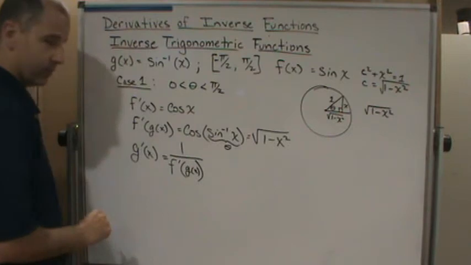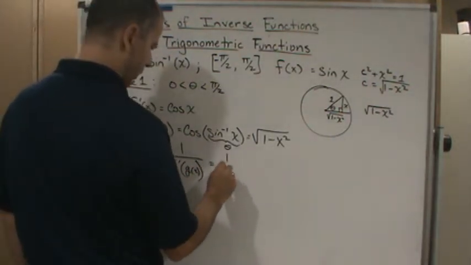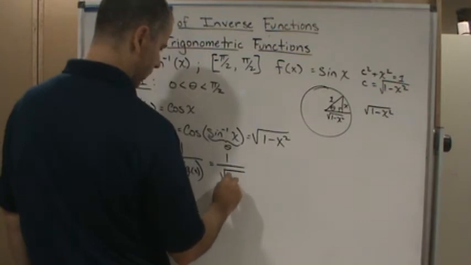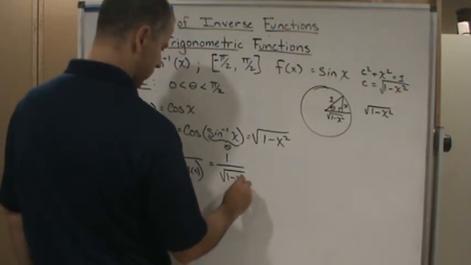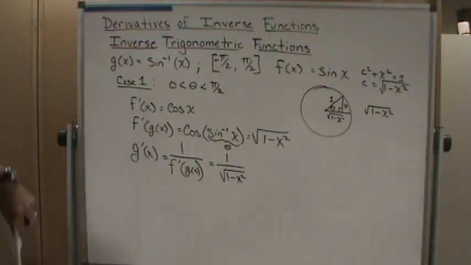So now it's just going to be 1 over the square root of 1 minus x squared. And if you look at the derivative table, you will find that that is the derivative for the inverse trig function, in this case inverse sine.